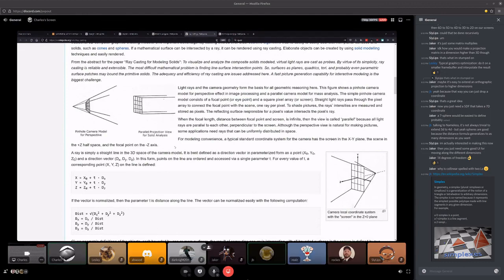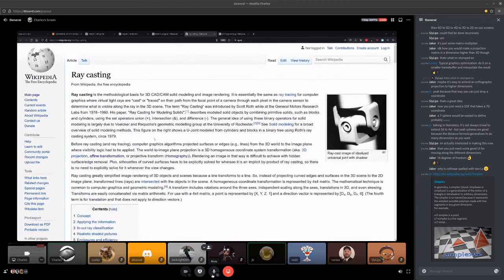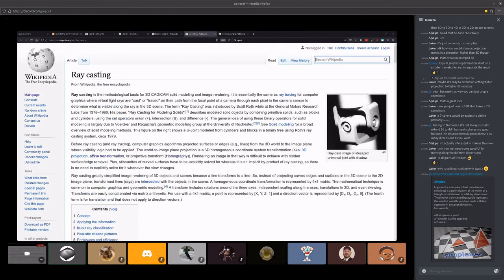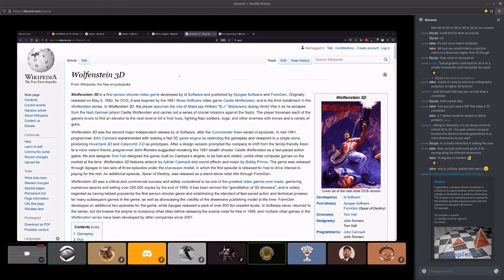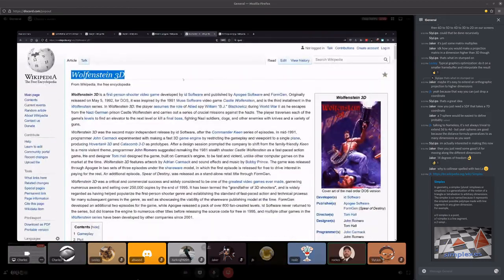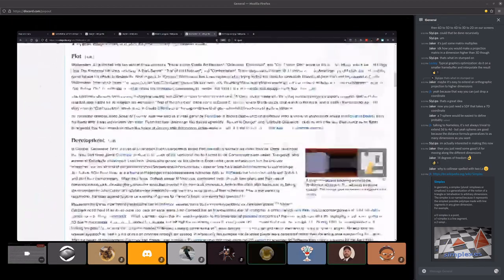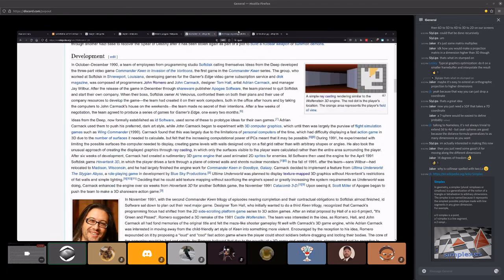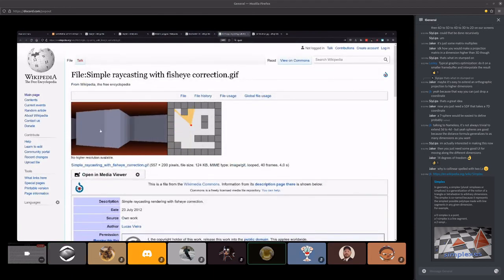I'd also like to point out Wolfenstein 3D, which is an example of a ray casting engine, even if that name is unfortunately not very precise. What Wolfenstein does is it does a single ray cast along the horizontal axis, and it determines the distance into the scene and then draws vertical lines corresponding to that.